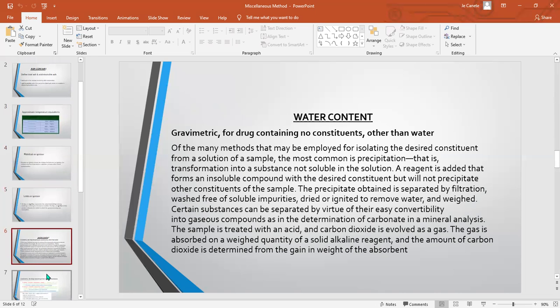So we are now in water content. Water content is gravimetric for drugs containing no constituents other than water. Of the many methods that may be employed for isolating the desired constituent from solution or sample, the most common is precipitation, that is, transformation into a substance not soluble in the solution.